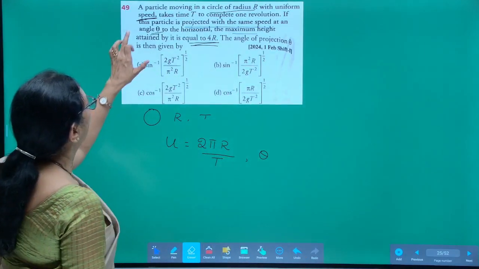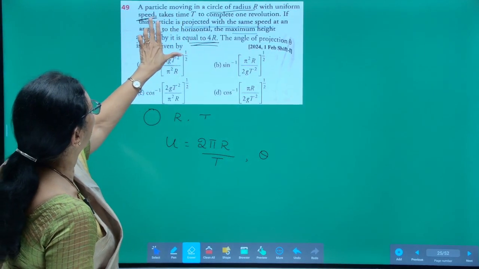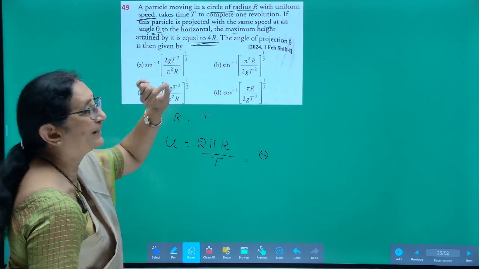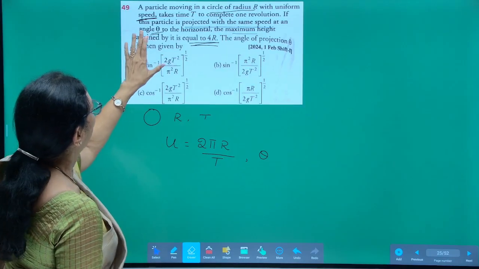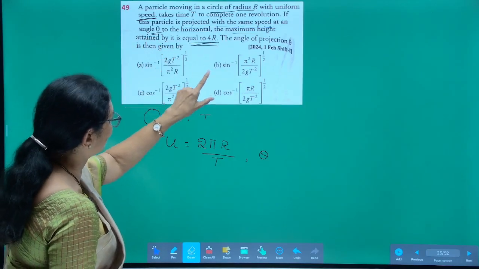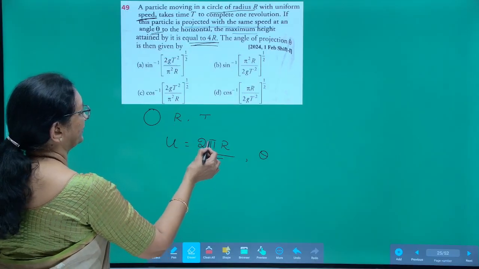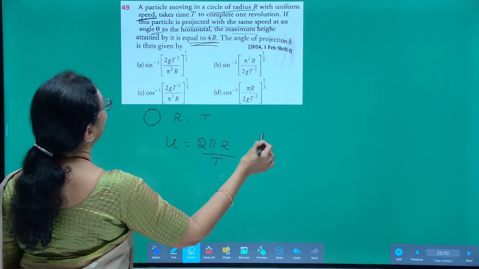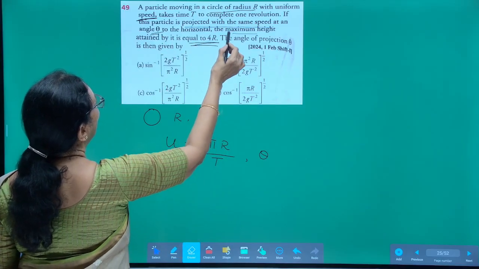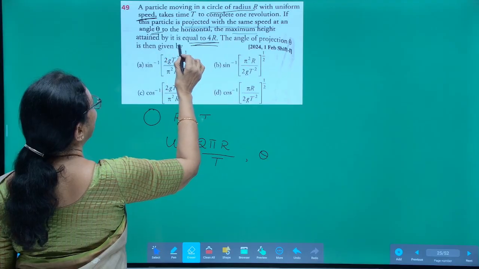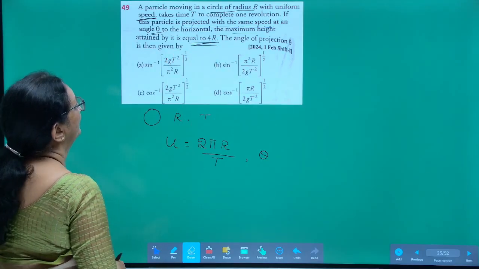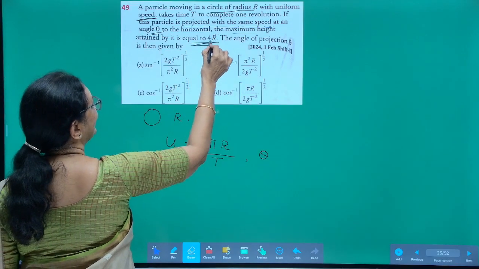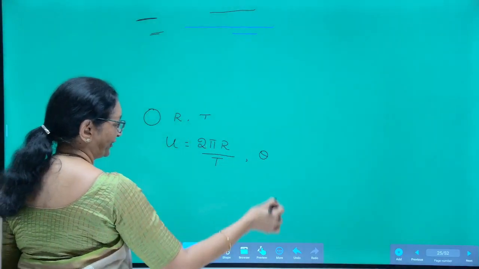Look here, a particle is moving in a circle of radius r with uniform speed, takes time t to complete one revolution, if it is projected with the same speed. So, speed is equal to distance by time, 2 pi r by t, at an angle theta to the horizontal. Maximum height attained by it is equal to 4r, where r is not the range here.